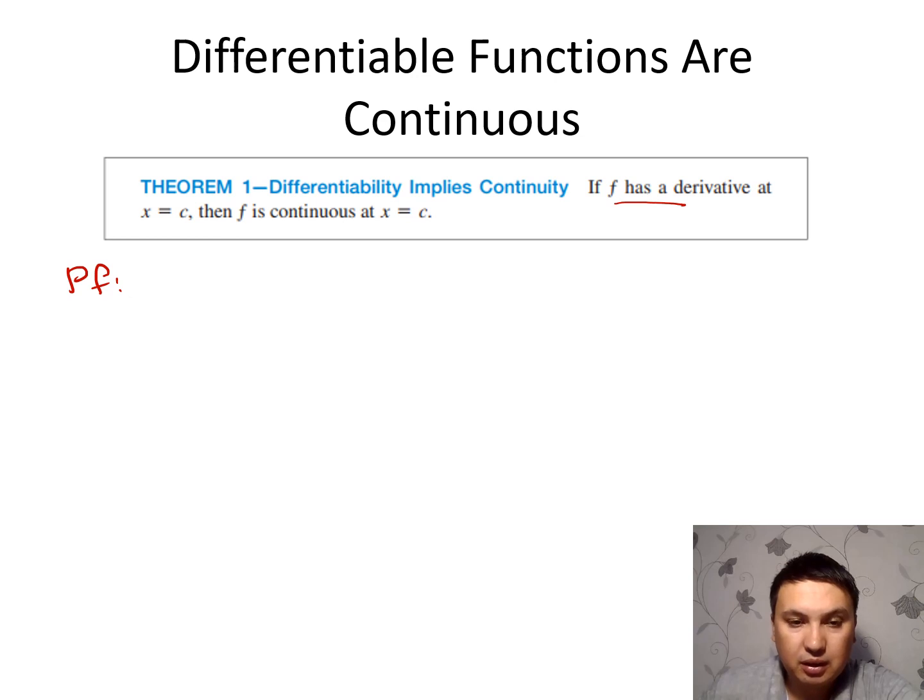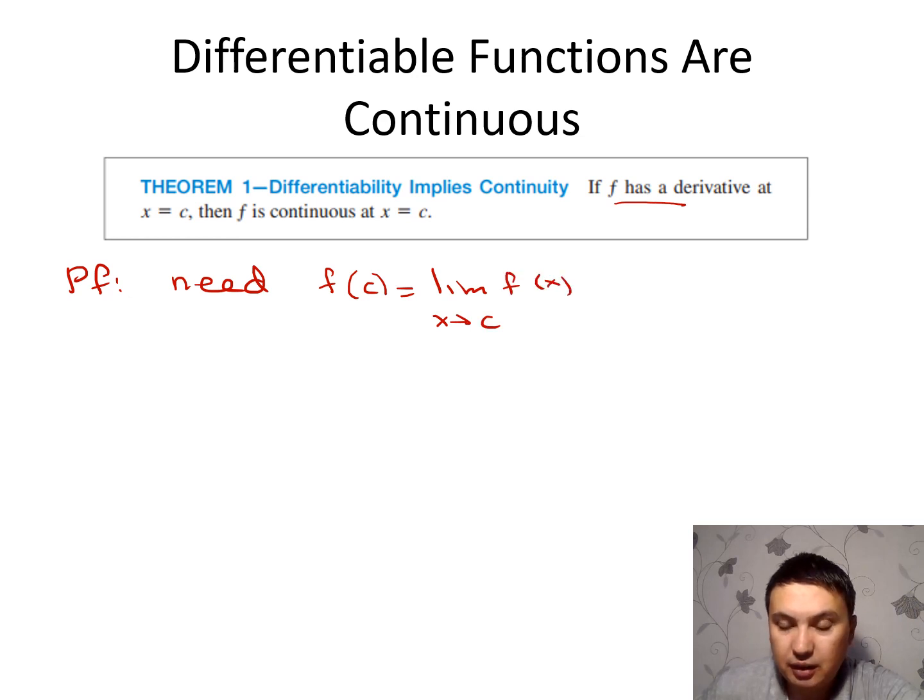I need to show that f of c is equal to the limit as x goes to c of f of x. So let's investigate this right hand side. Let's start with the limit as x goes to c of f of x.